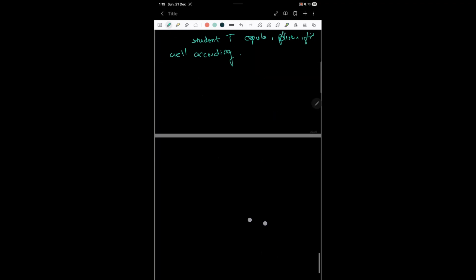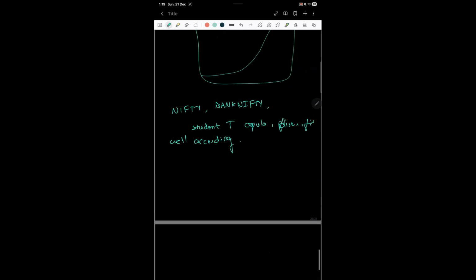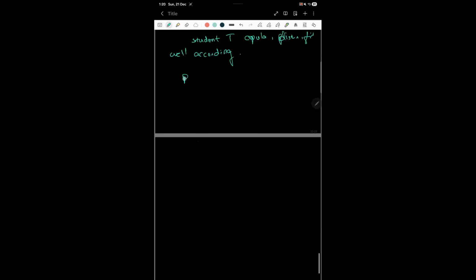Now there are two cases. One is based on conditional probability, another is the cumulative mispricing index, okay. Let's leave this right now, we'll focus more on the conditional probability, okay.